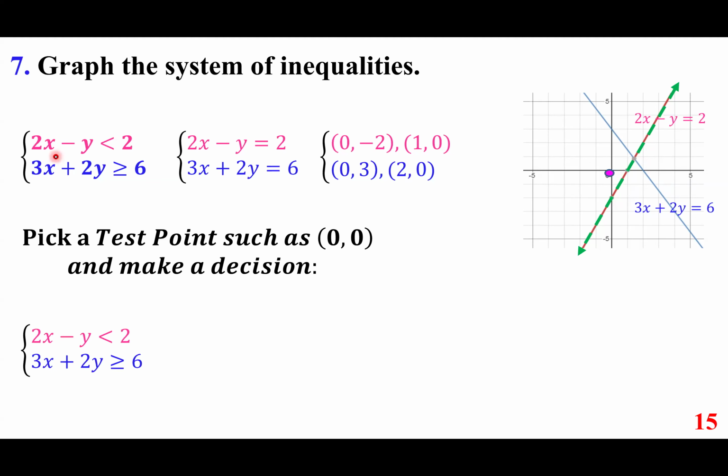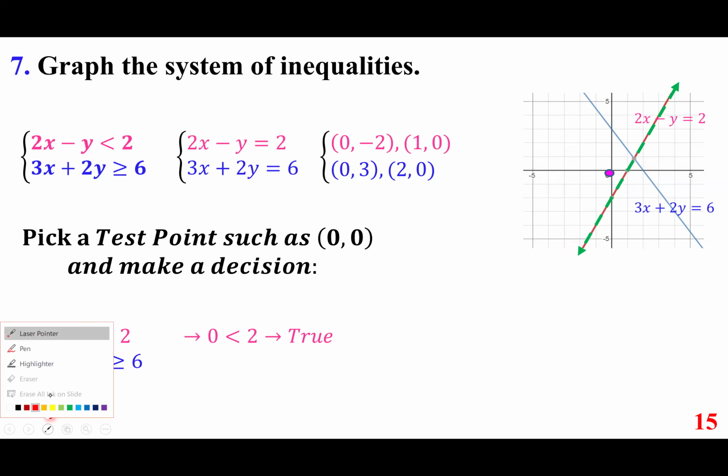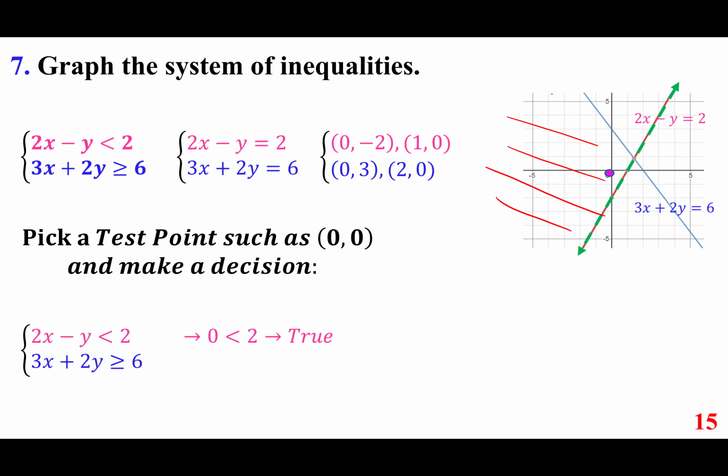For example, if we go with this one, we get 2 times 0 minus 0 is less than 2. 0 is less than 2 is a true statement. So that works for the red line. This was the red line, remember that? That means if it works, the side containing that point is the solution. For the blue one, if we plug in (0, 0), 0 larger than or equal to 6 is a false statement.